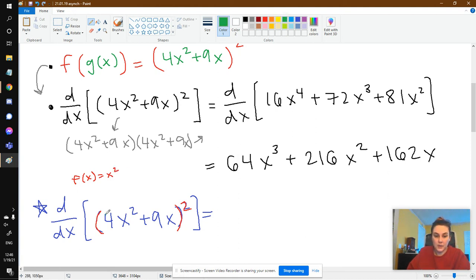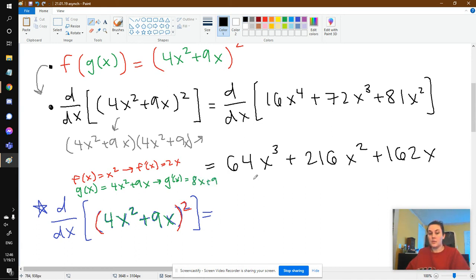And the inside function is this 4x squared plus 9x stuff. Over here, I'm going to rewrite the derivatives just because we need them for our answer. g prime, boom, boom, boom, boom.